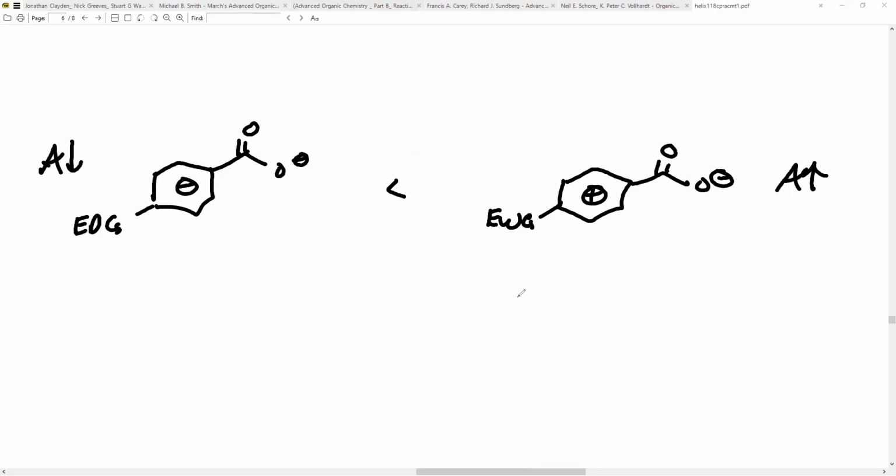If I were to consider different positionings, which ones are better than others, recall that an EWG, if it has an effect on a ring, or if an EDG has an effect, it's always ortho and para. So it's at these positions here that it has an effect. Having an EWG with an acid that's ortho and para is always going to be the best combination, because you can see that it puts the minus right on that carboxylate, because of the minimum distance between the minus and the positive.